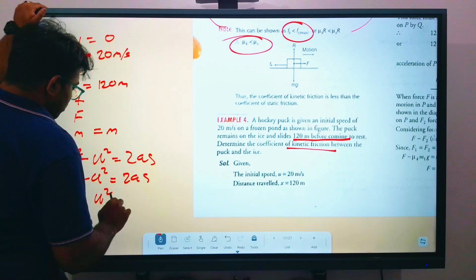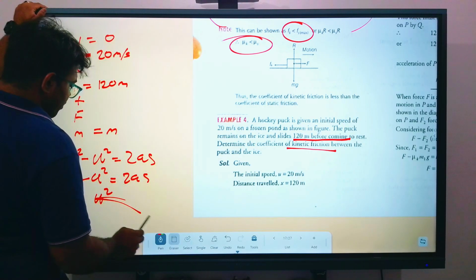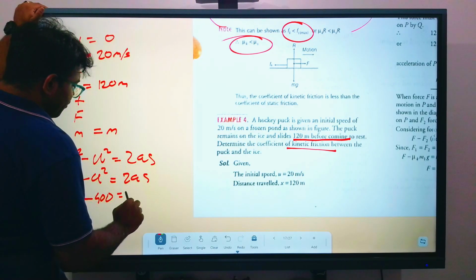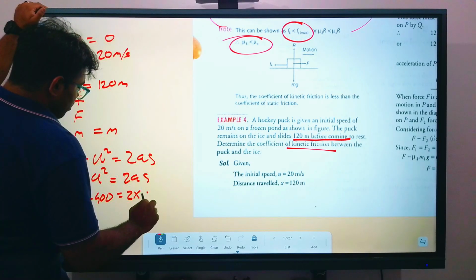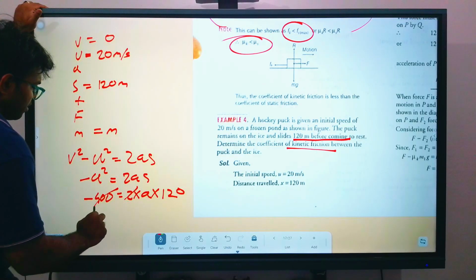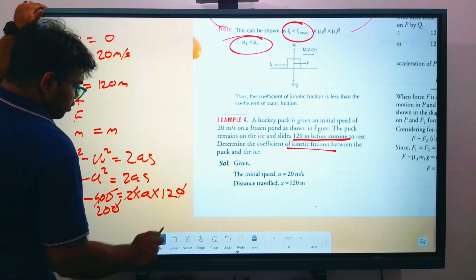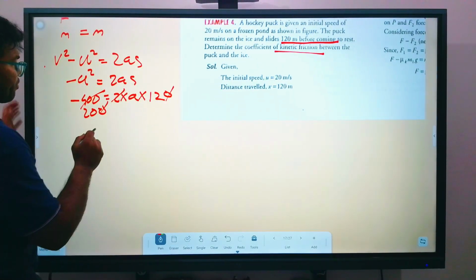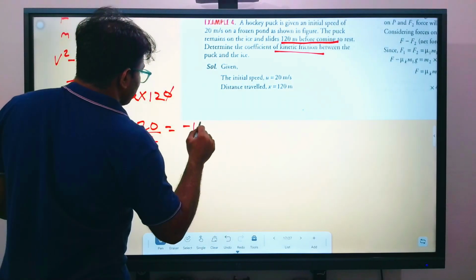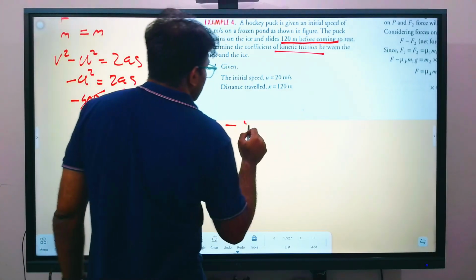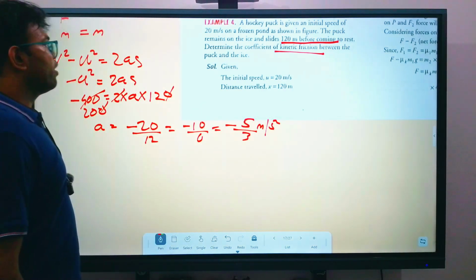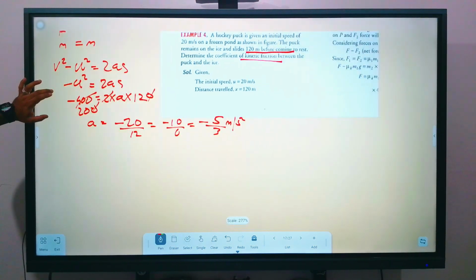Minus 400 is equal to 2 multiplied by a multiplied by 120. So the zeros get cut off, and acceleration is equal to minus 20 upon 12, which is minus 10 upon 6, which is minus 5 upon 3 meters per second squared. So we have figured out the deceleration.